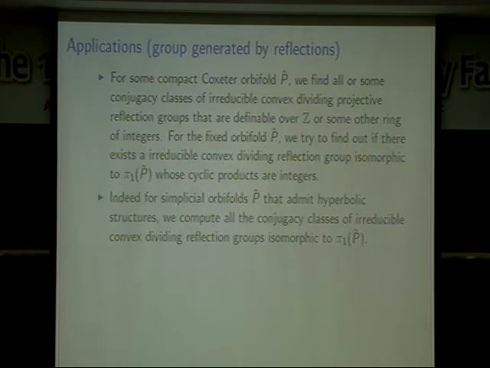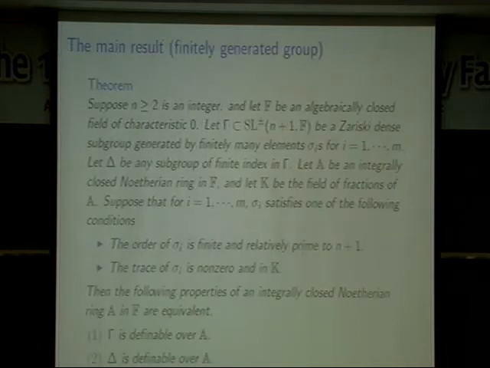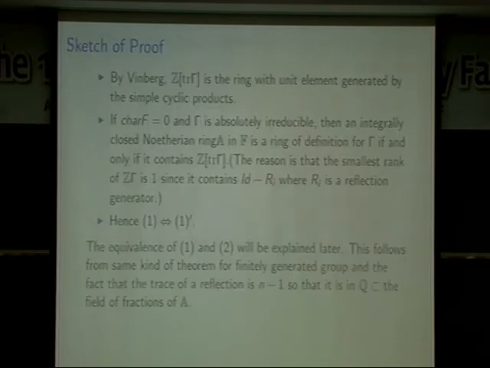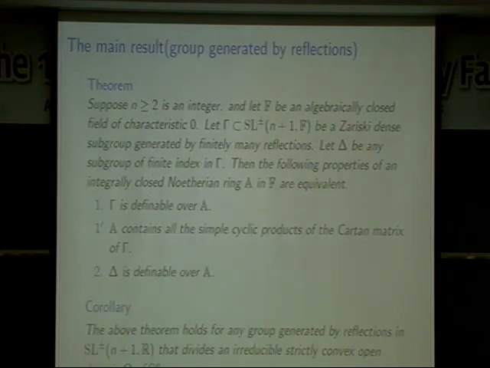So before that, the theorem for groups generated by reflections: gamma is definable over A if and only if A contains all the simple cyclic products of the Cartan matrix of gamma.